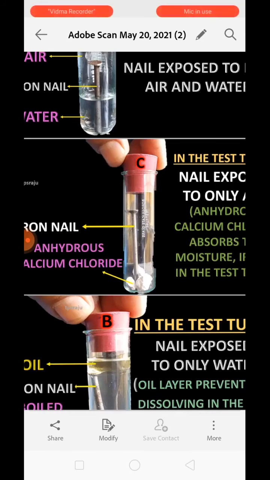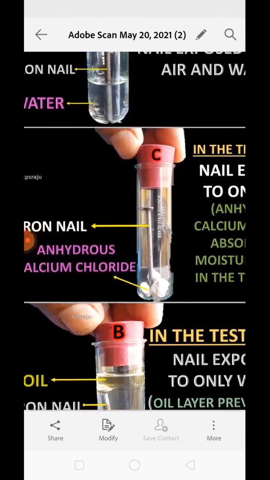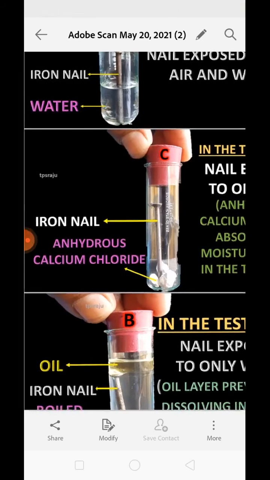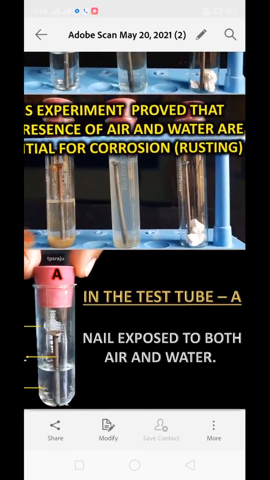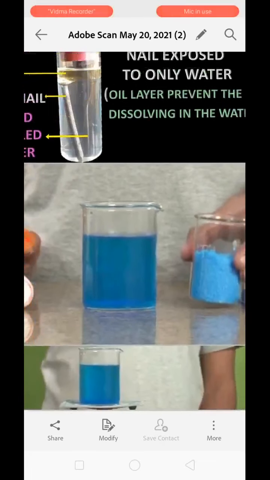In this way the iron nail is coming in contact with oxygen, but there is no moisture to support the reaction. So the iron nails in test tubes B and C will not get rusted, whereas in A it will get rusted. Understood?